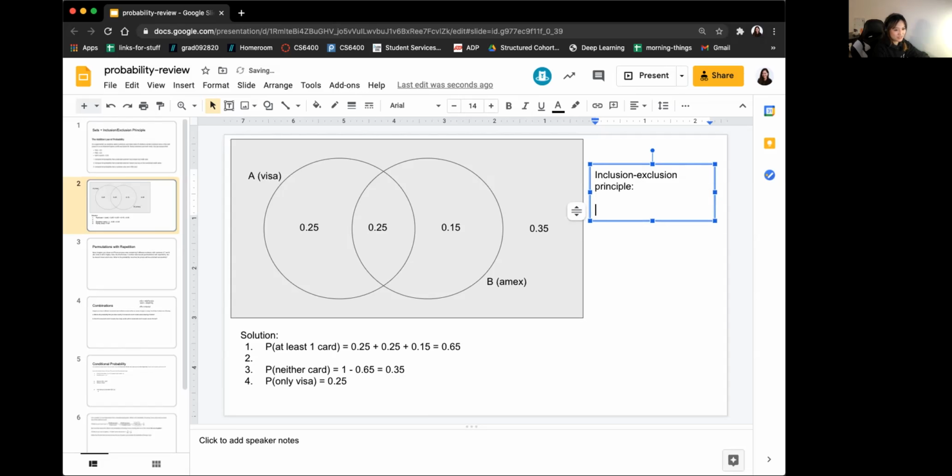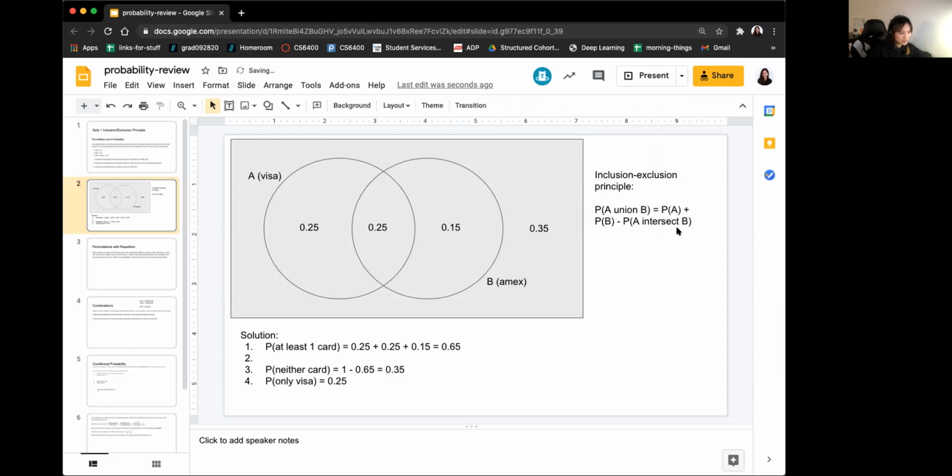And that formula basically says that the probability of A union B is equal to the probability of A plus the probability of B minus the probability of A intersect B. This is the inclusion exclusion principle.